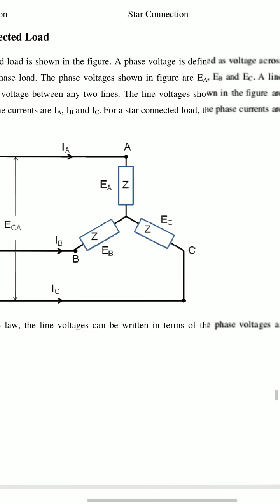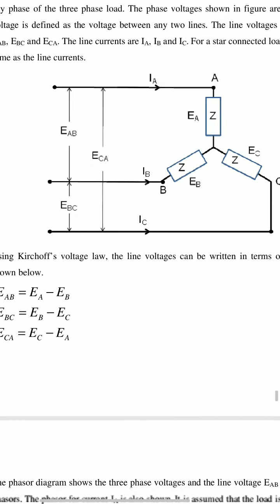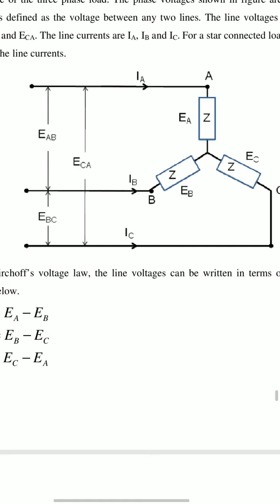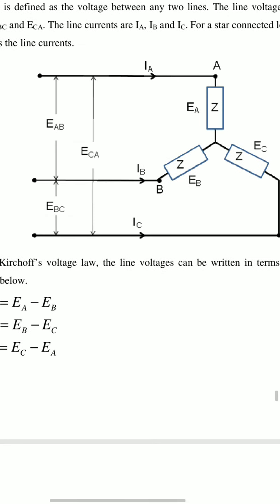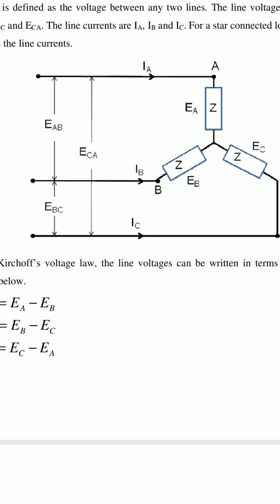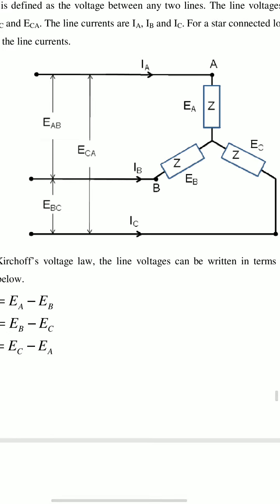In a star connected load, the phase currents are the same as the line currents. Observe here, between the A terminal and the common point, the voltage across the load is called phase voltage, that is EA or EB or EC.